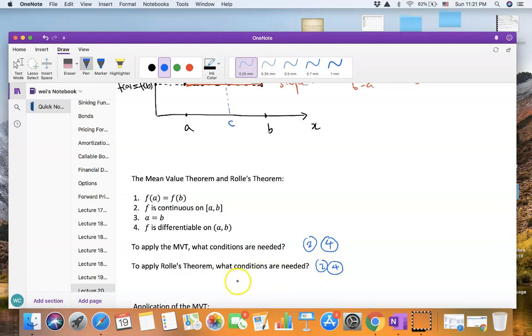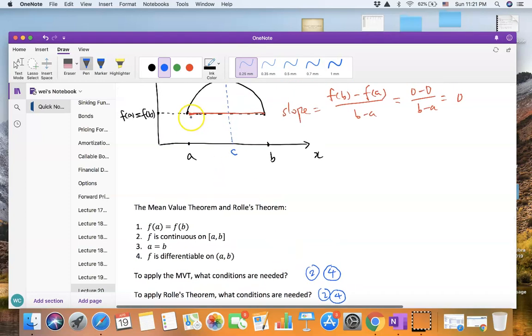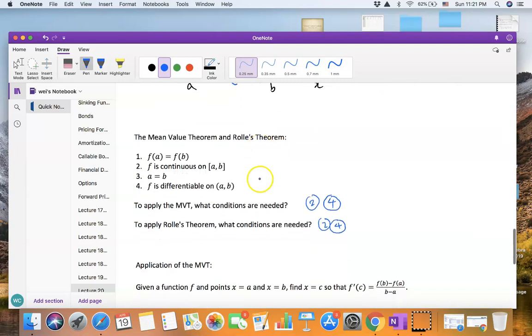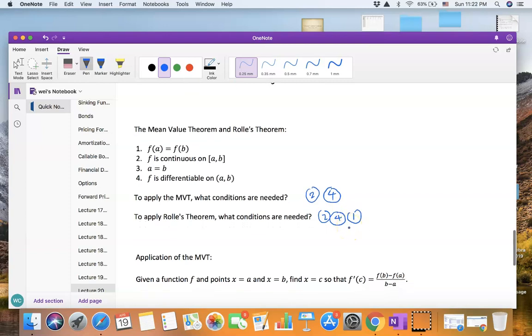And the third condition is, in Rolle's theorem, the secant line is horizontal, meaning that these two endpoints are on the same level. So function value f(a) must be equal to f(b). Okay.